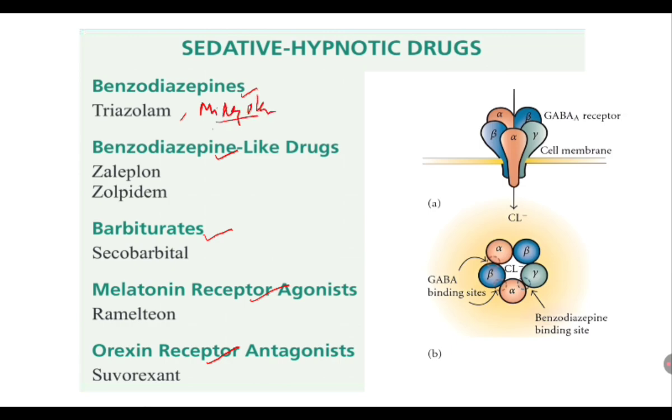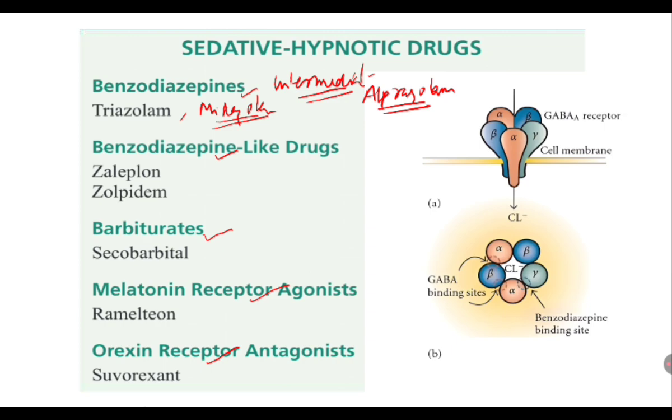Among these, midazolam is not used as a sedative hypnotic, but triazolam is nowadays used. And one intermediate-acting benzodiazepine, alprazolam, is also used as a sedative hypnotic from the benzodiazepine group.